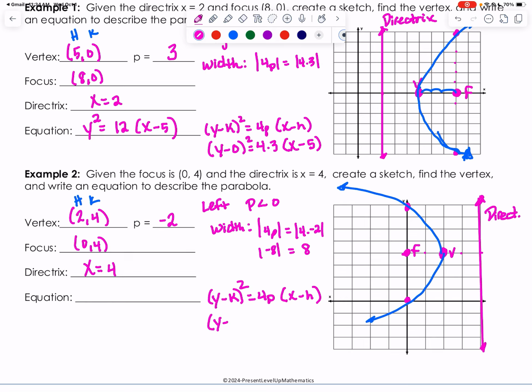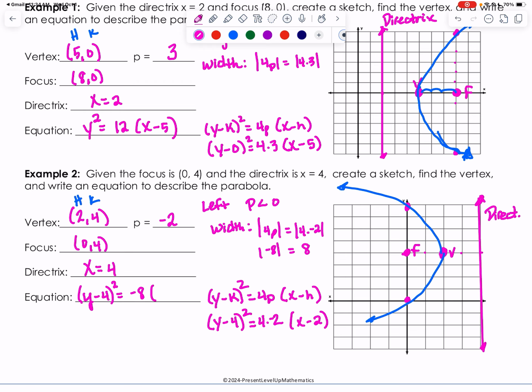We know that k is 4, so y minus 4, quantity squared, equals 4 times p, which is negative 2, parenthesis x minus h, which is 2. All right, let's simplify that. That would be y minus 4, quantity squared, equals negative 8, parenthesis x minus 2.